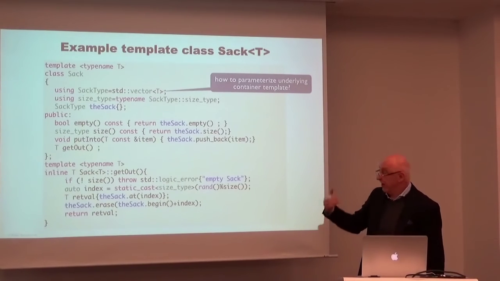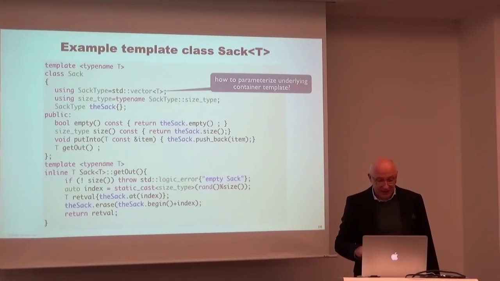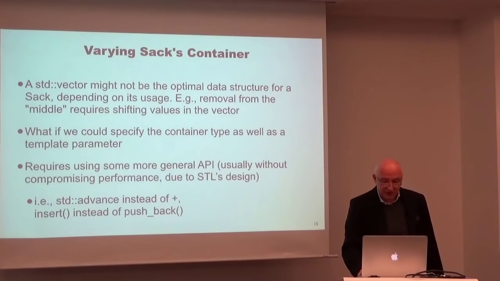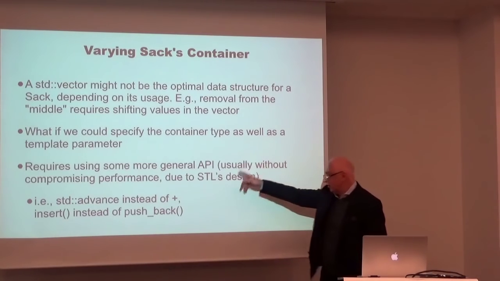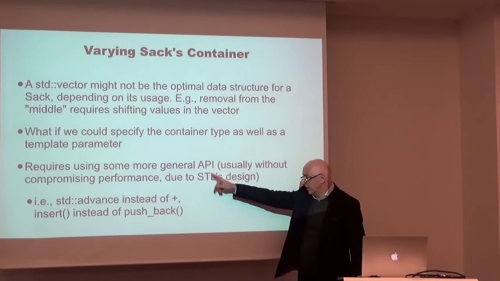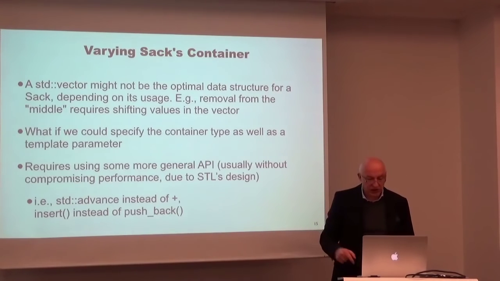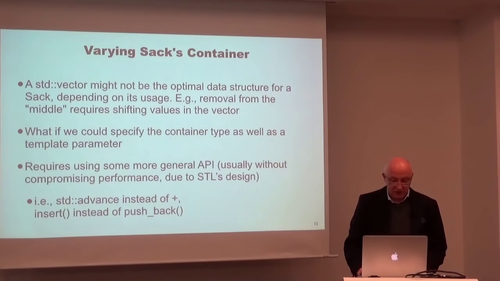So how can we vary our sack template class to vary the actual vector? The first thing is our API. We cannot rely on the random access iterator and so on, but it's not really an issue.